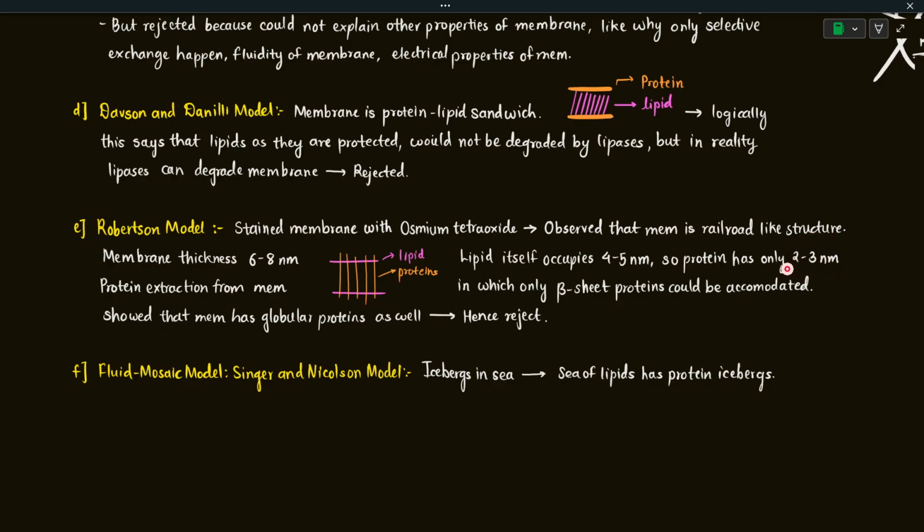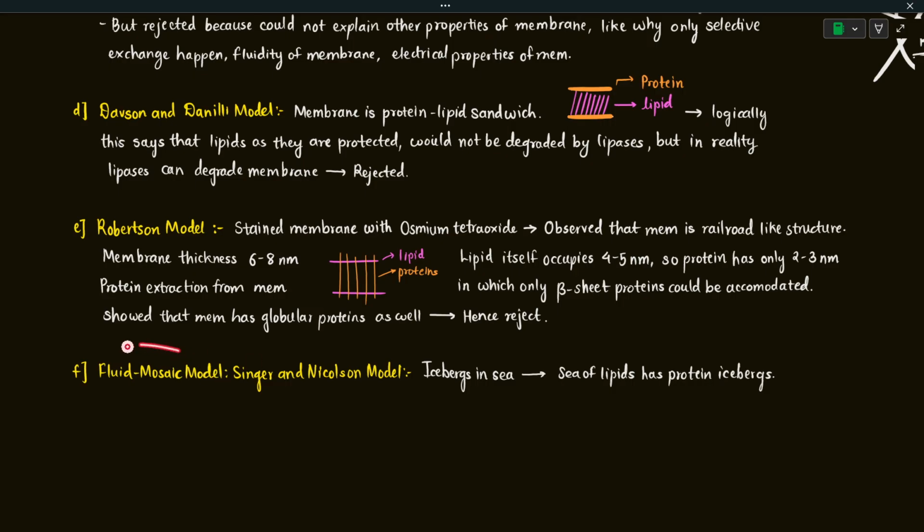But the protein extraction protocols had already evidently shown that the membrane has many different kinds of proteins, ranging from small globular proteins to small alpha helical proteins to larger beta barrel proteins. Okay, so the membrane has a diverse variety of proteins embedded in it. So how can a simple membrane with 6 to 8 nanometer dimensions accommodate all those proteins? So this model did not make sense, even though it provided evidence of how the membrane looks, but it could not explain the structure well, and that is why it was rejected.